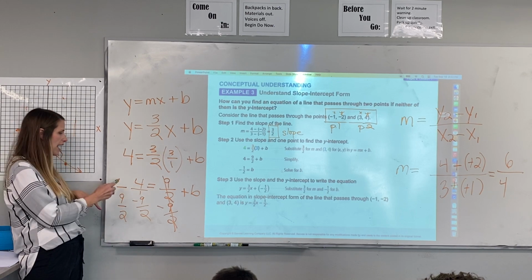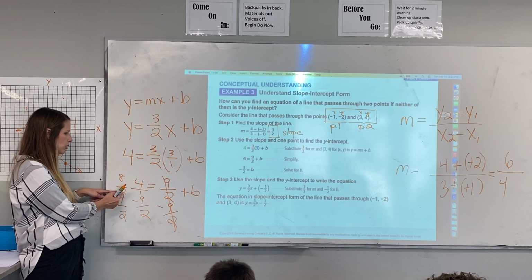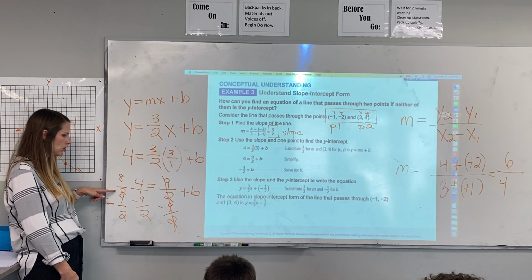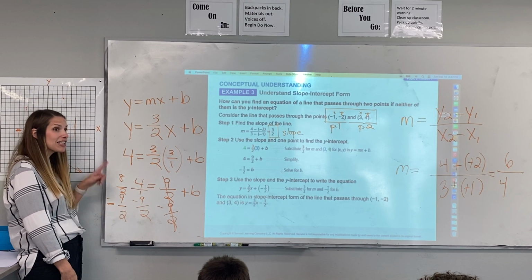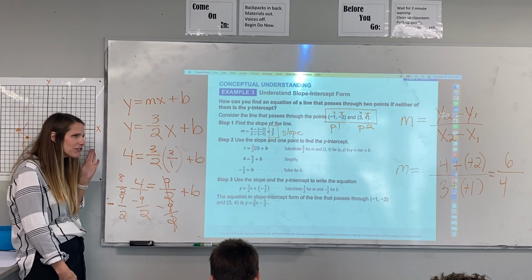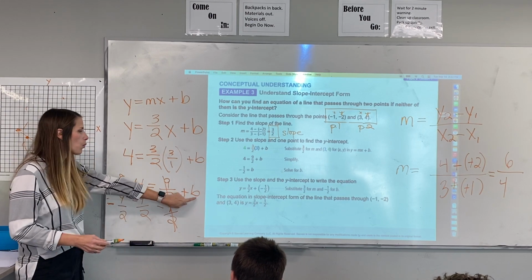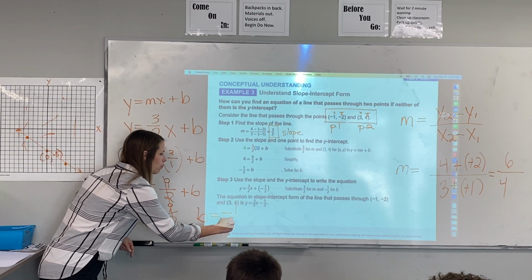Yeah, 8/2, very good, because 1 times 2 is 2, 4 times 2 is 8. Now when I subtract them, 8/2 minus 9/2 is what? Negative 1/2. Yes, negative 1/2. So our y-intercept, b, equals negative 1/2.